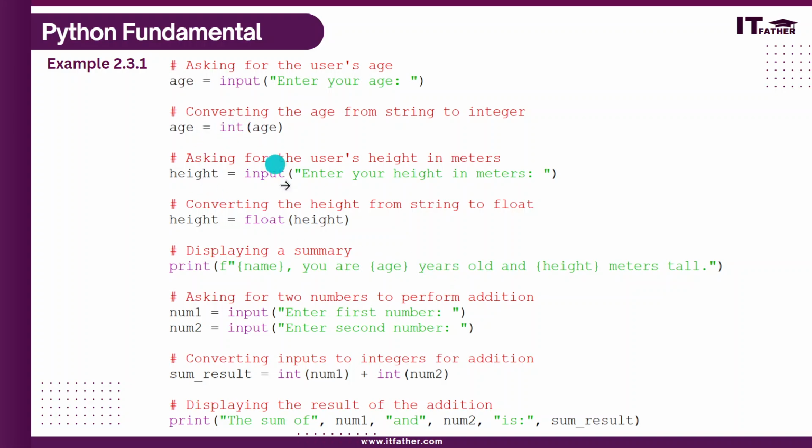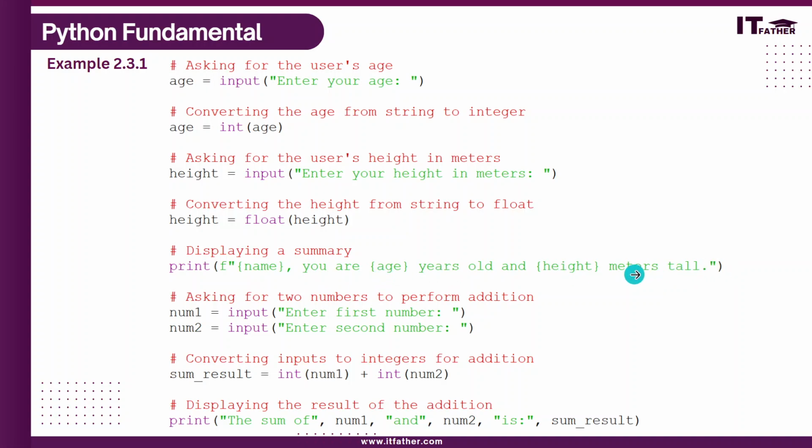The int function is used to convert a string into an integer. The float function is used to convert a string into floating point numbers, right? Displaying a summary. Here it is displaying in this format using the format specifier f. Now f is a format specifier. We are specifying that in curly braces the variable will be passed, and that is holding some actual value, and then a comma, this is a message, age is again a variable, and these are messages.